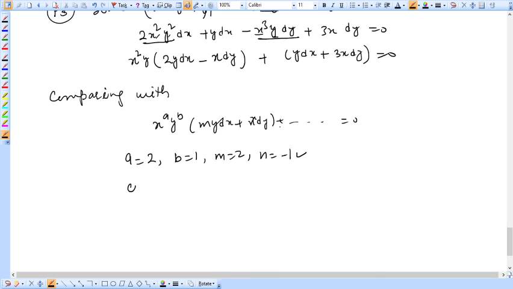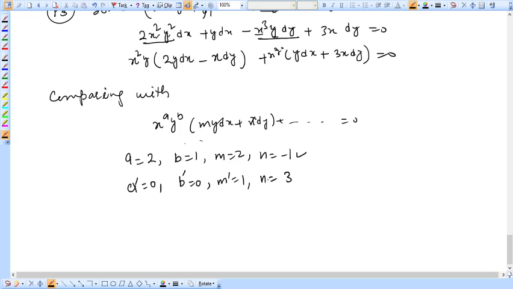So 1 can be written as x raised to 0, y raised to 0. So a dash is equal to 0, b dash is equal to 0, and M is equal to 1, M dash is equal to 1, and N is equal to 3.